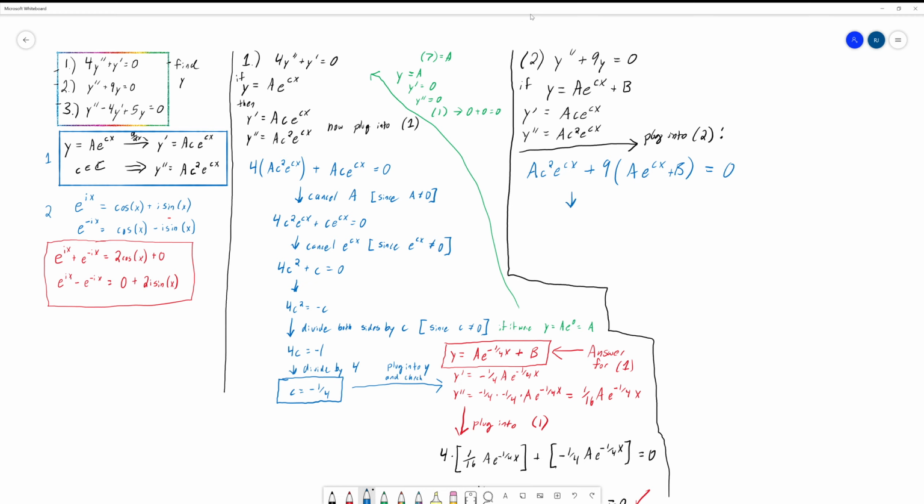And now I'm going to distribute the 9. This is kind of a trivial step, but I'm just doing it to be clear and make sure that I don't make any silly mistakes along the way. Plus 9ae to the cx plus 9b equals 0.